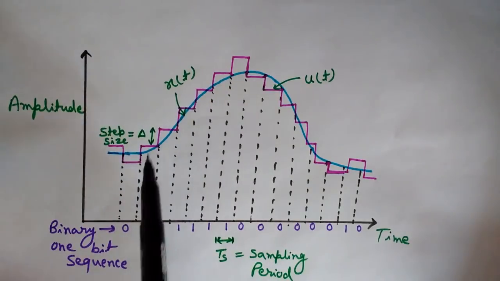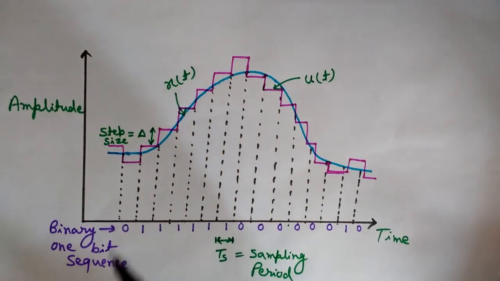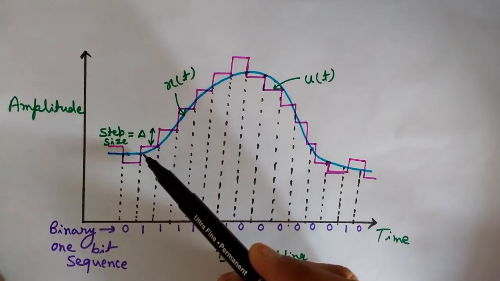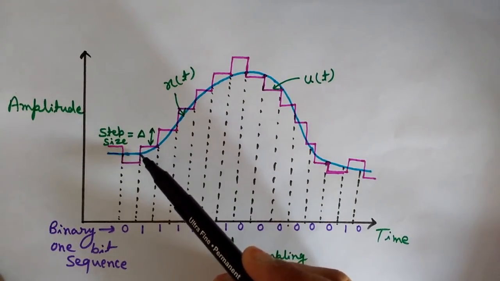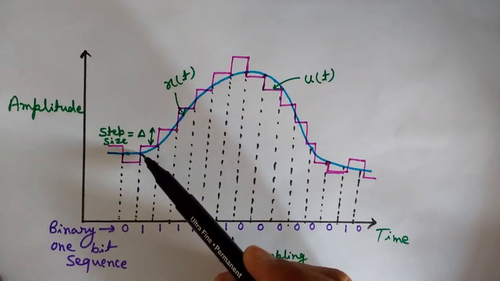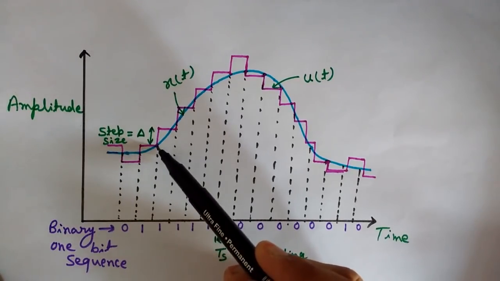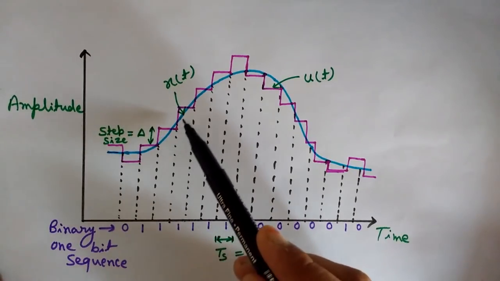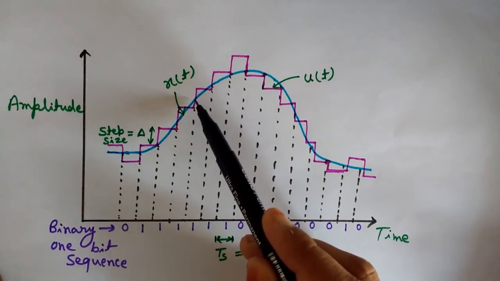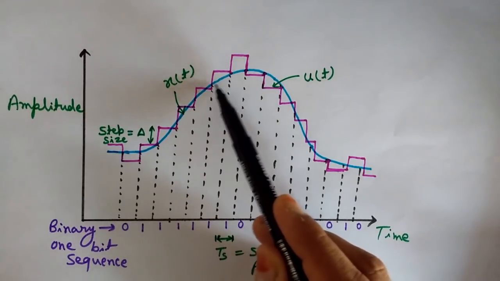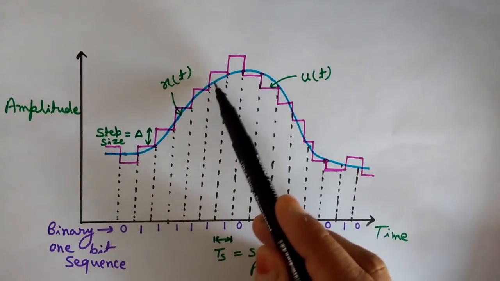So the value x(nTs) is this sampled value, the part of this analog signal between these two vertical black lines.